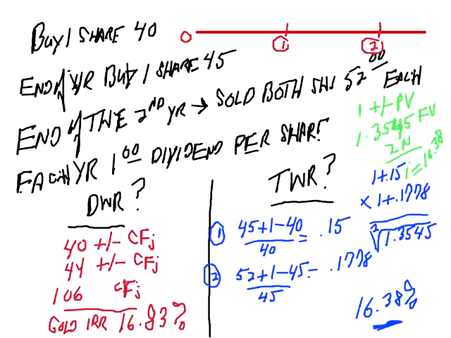You had a $1 dividend, sold it for 52. Come up with a 17.78%. 1 plus return times 1 plus the return, take the nth root of it, come up with 16.38. So you got a dollar rate of return of 16.83 and a time rate of return of 16.38.